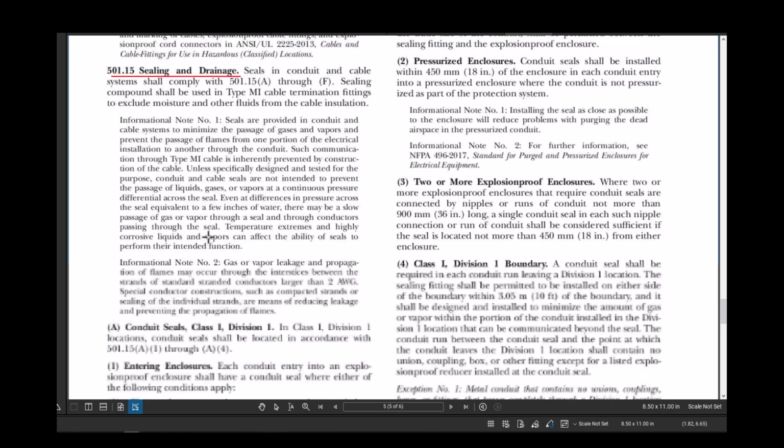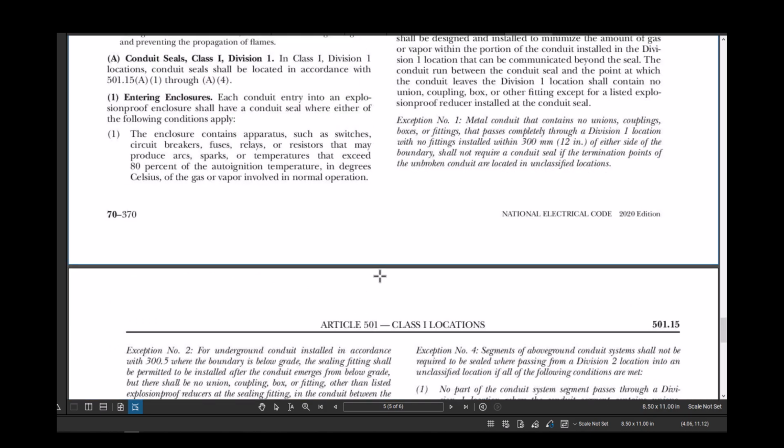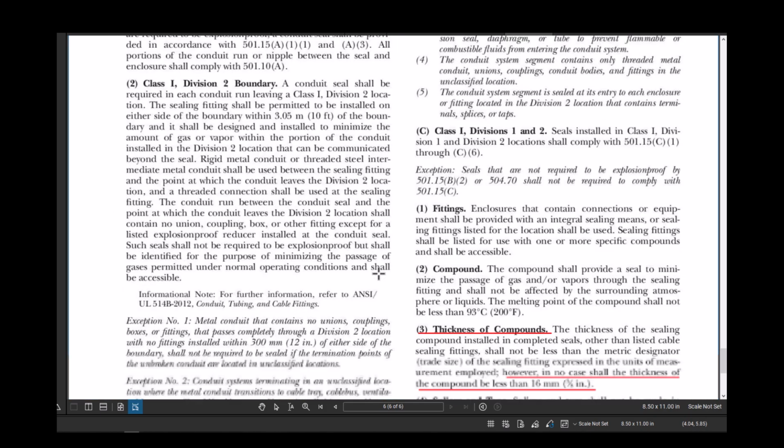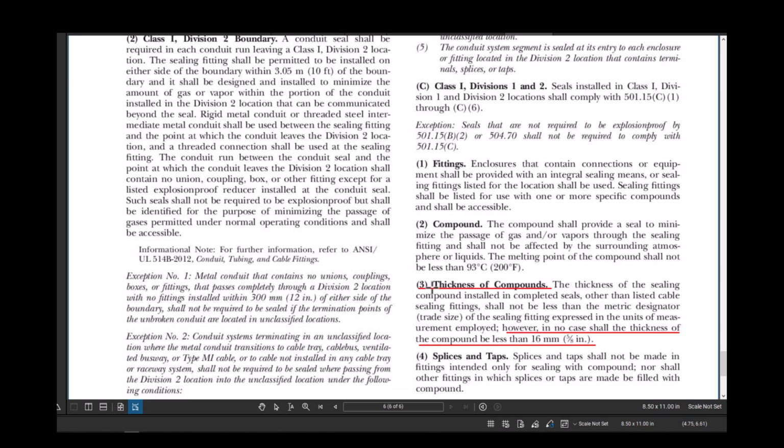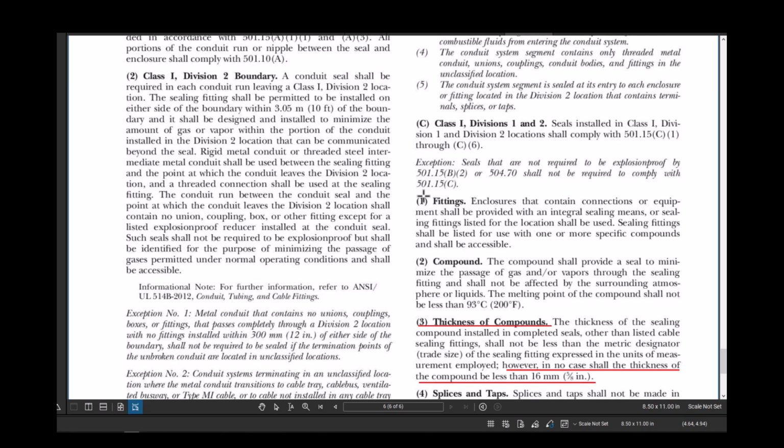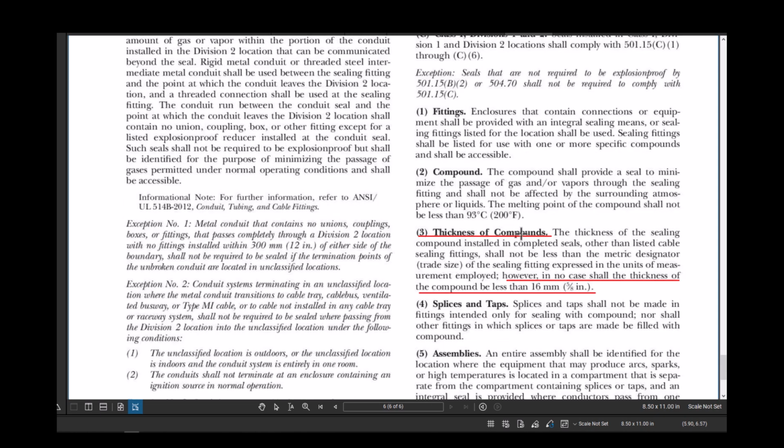When you navigate through, you come to, as the NEC and Tom Henry told us, Class 1, Division 1 and 2. In this area we have a compound and thickness of the compound.